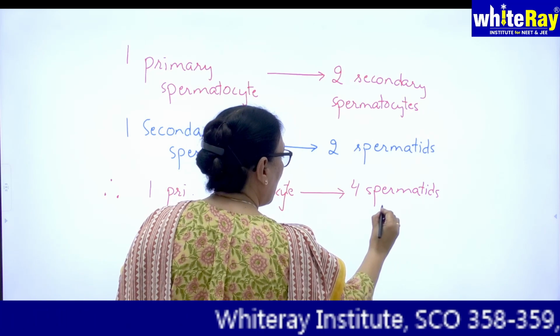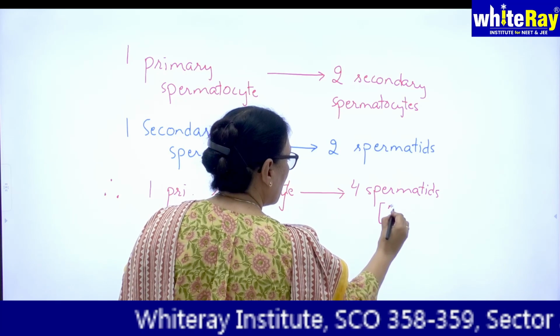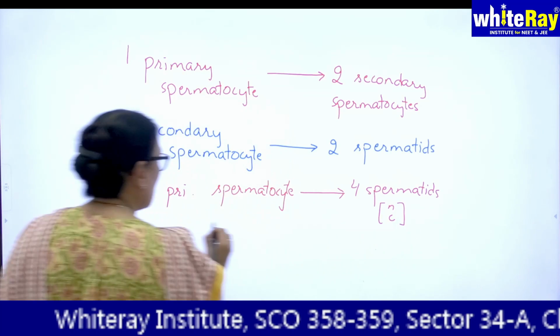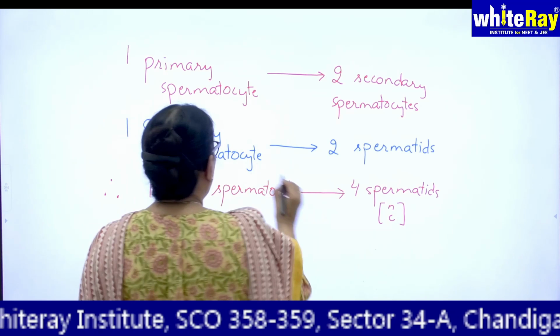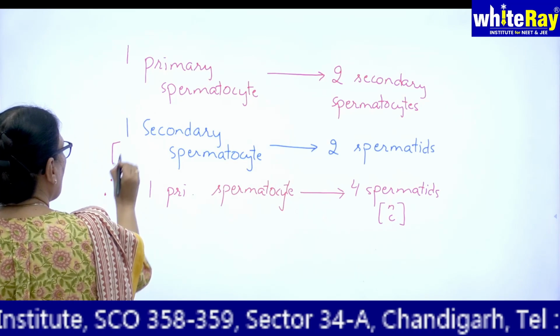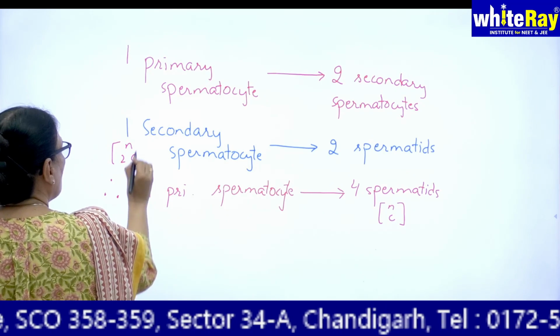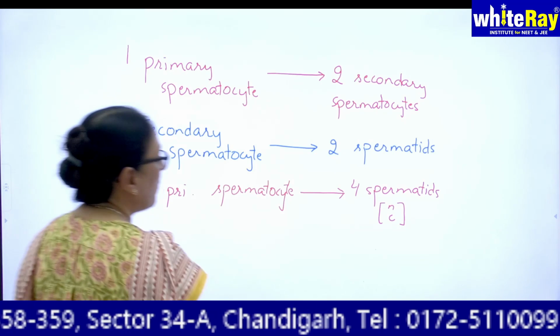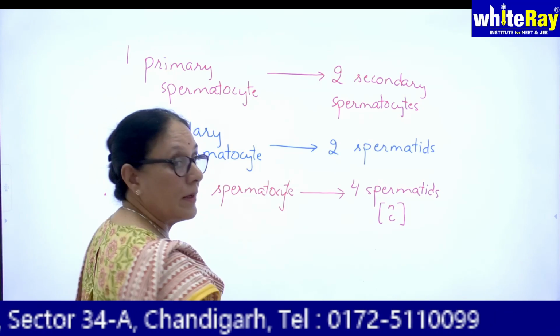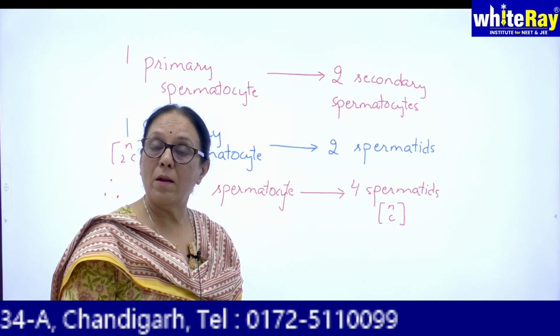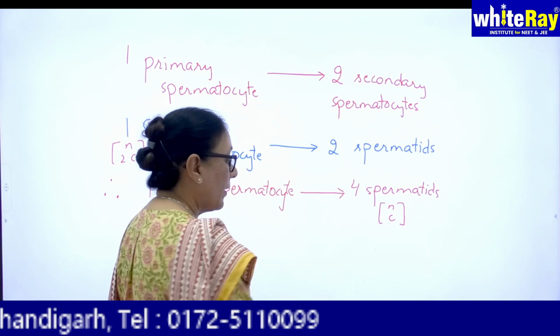Again, the primary spermatocyte is n, n, C, the secondary spermatocyte is n, n, 2C, and spermatids, we have said, are n, n, C. Clear?